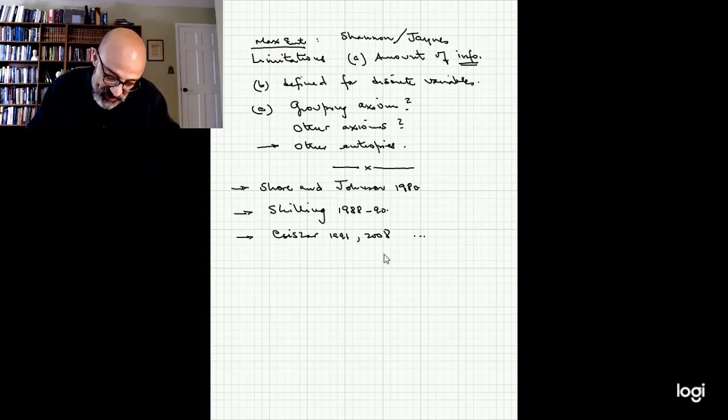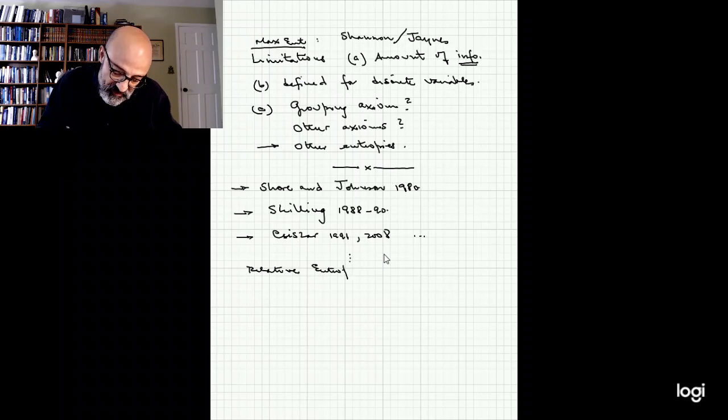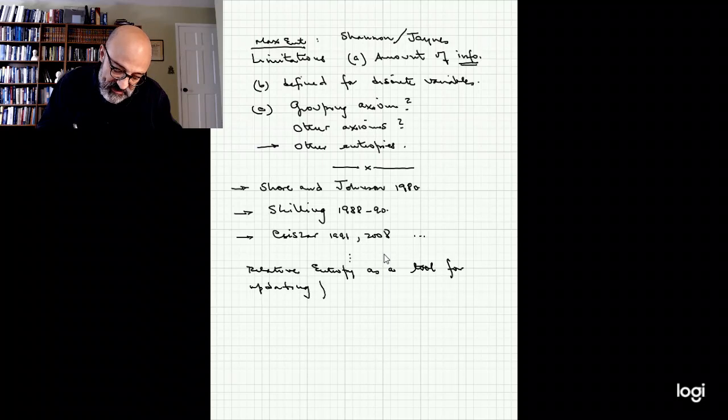So what emerges from all of this is the use of relative entropy as a tool for updating probabilities.